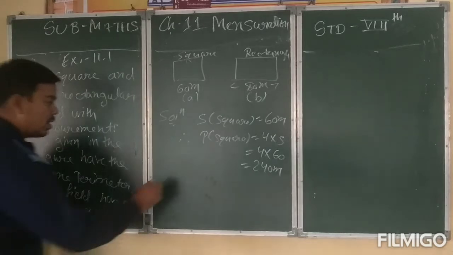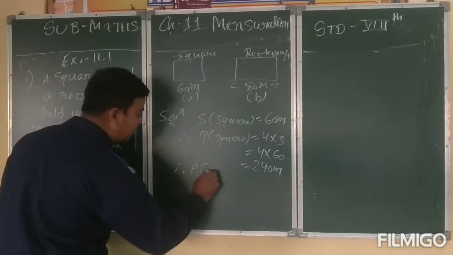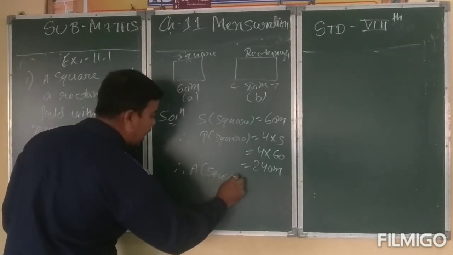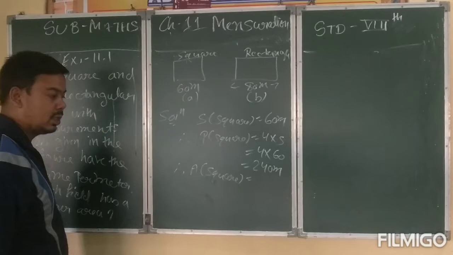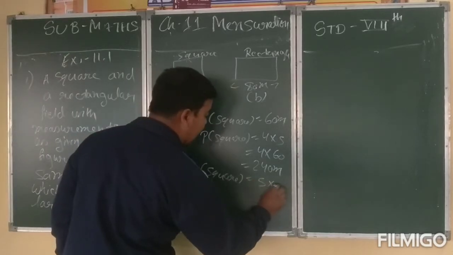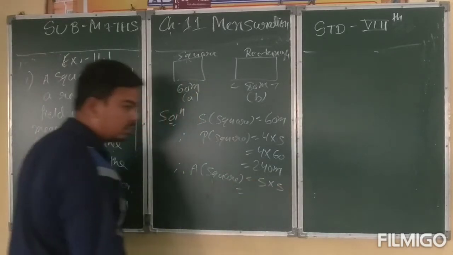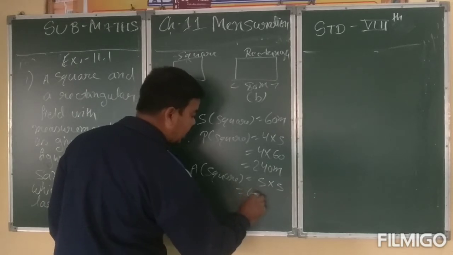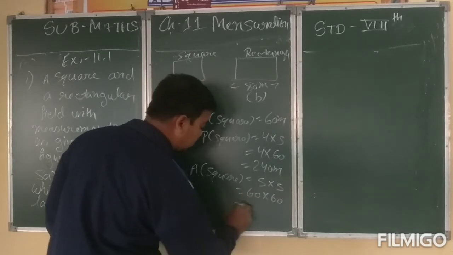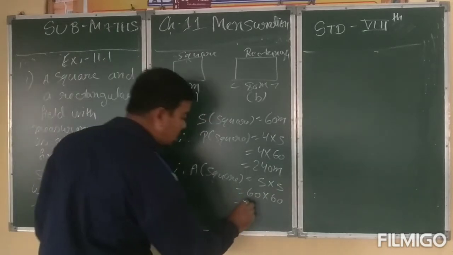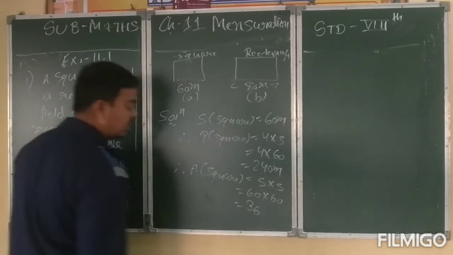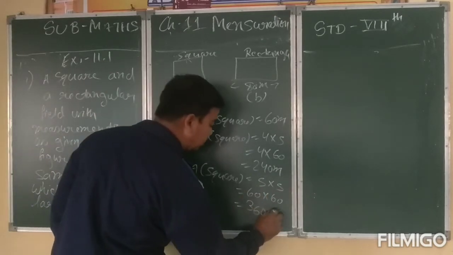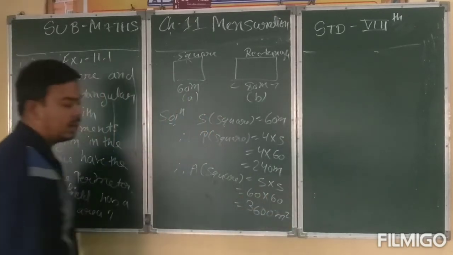Then we find the area of the square, which is side into side, 60 into 60, that is 3600 square meter.